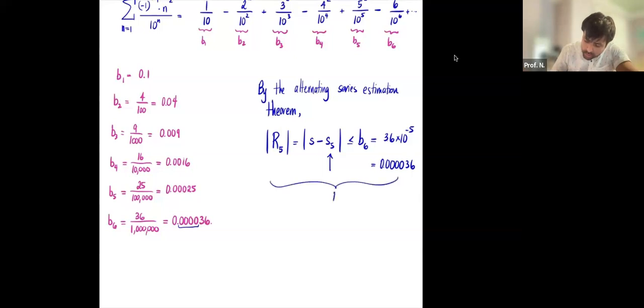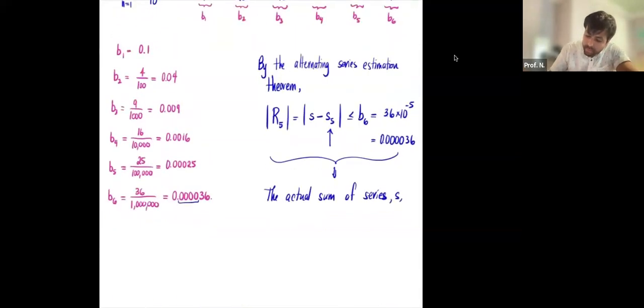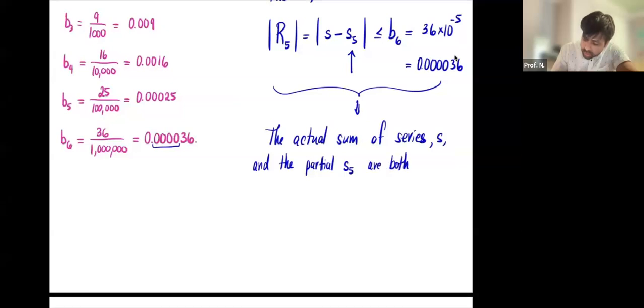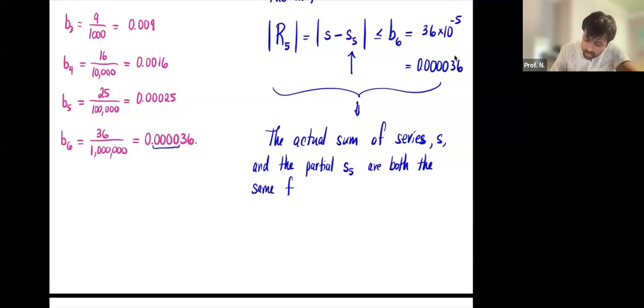So from this conclusion, we would say that the actual sum of the series S and the partial sum S sub 5 are both the same for the first 4 decimal places.